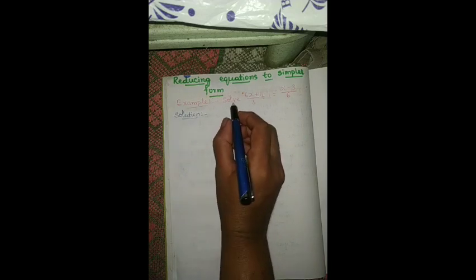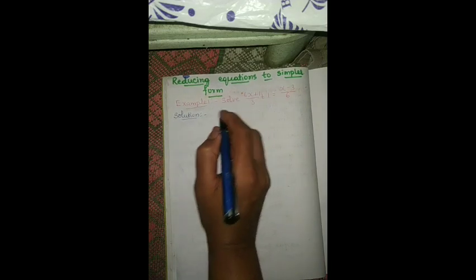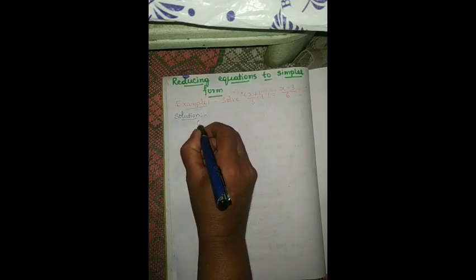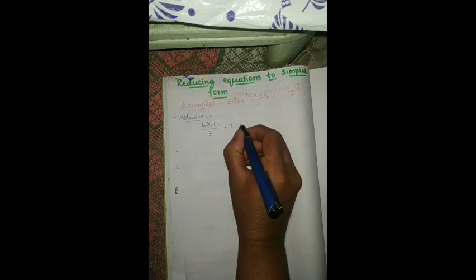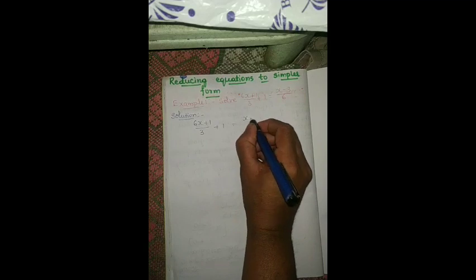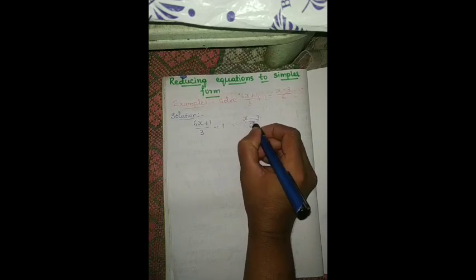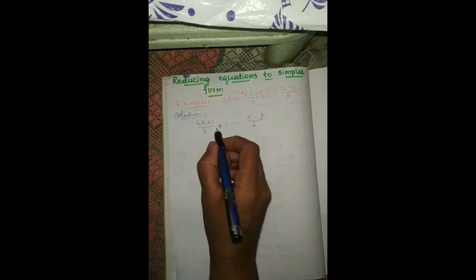See, children. Here, let us take up the sum now. 6x plus 1 divided by 3 plus 1 is equal to x minus 3 divided by 6. We have to consider this much. Now, here observe, children, this is in fraction form.